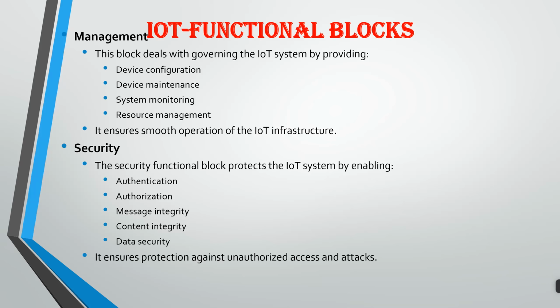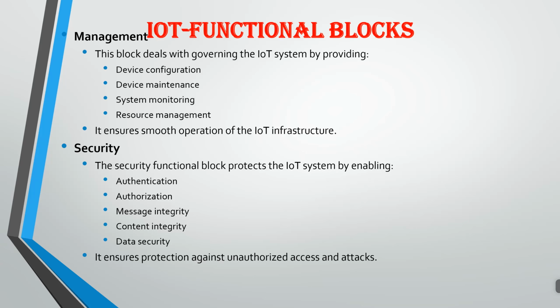So configuration of the device, how do we configure? According to our requirement. Maintain. We need to maintain the device, whether it is working according to our configuration or not. How do we maintain? Once in a week we may maintain, once in 15 days, or once in a month. So device maintenance is also a part of the management activity.